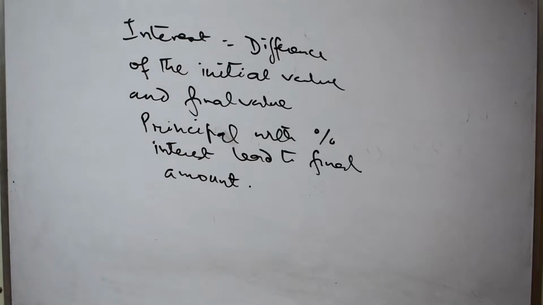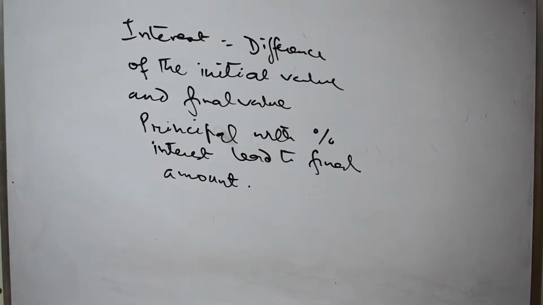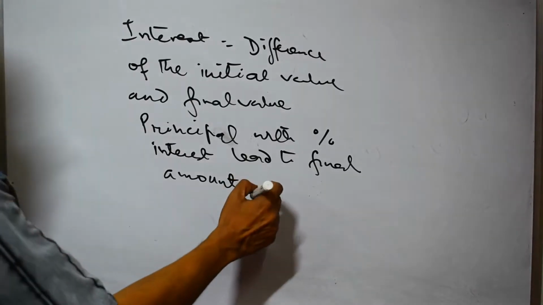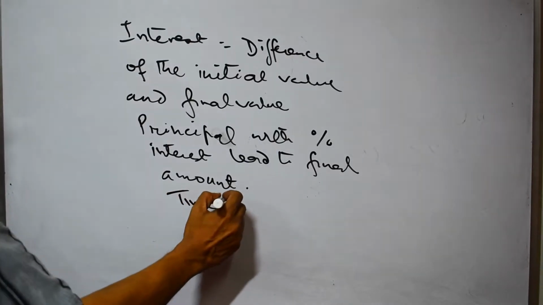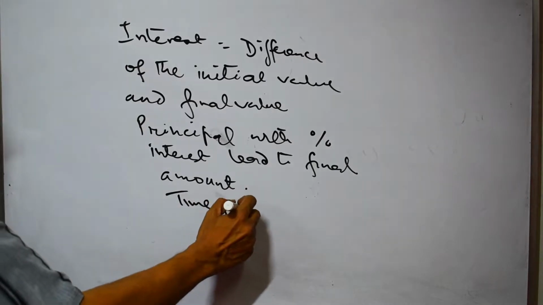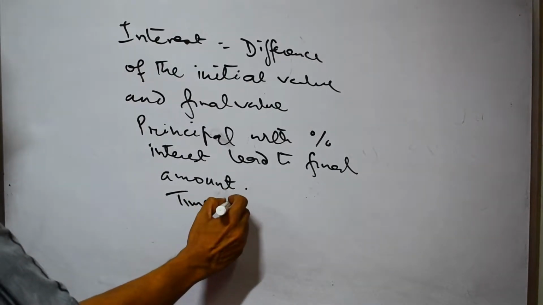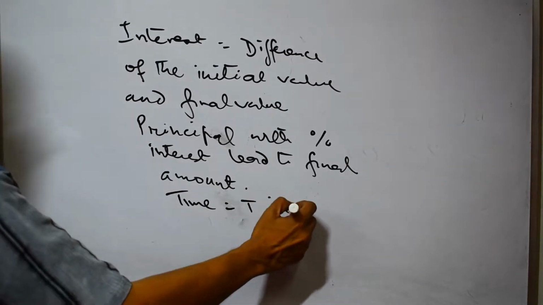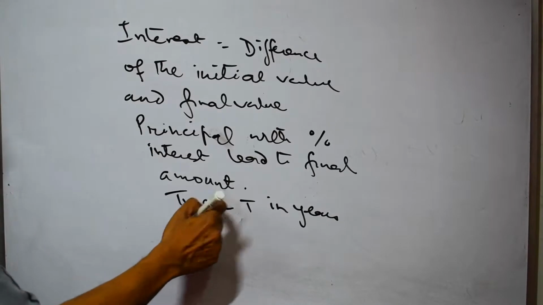So in this topic, simple interest and compound interest, our main target will be how much time is very important. Time period will be denoted by T, and T will be in years.